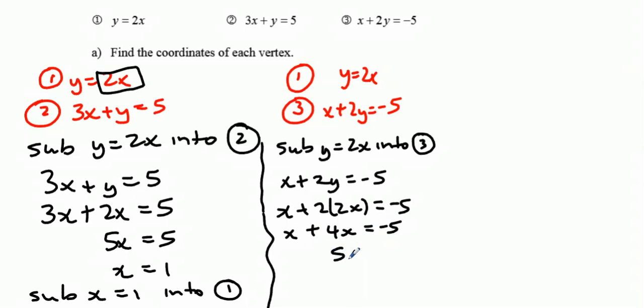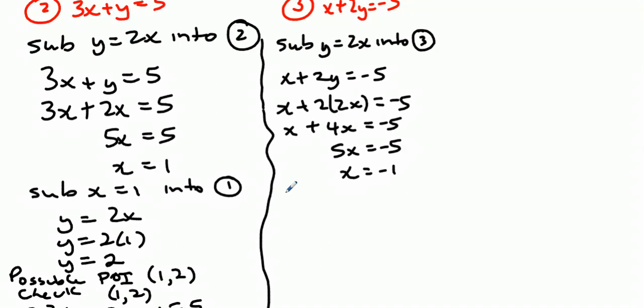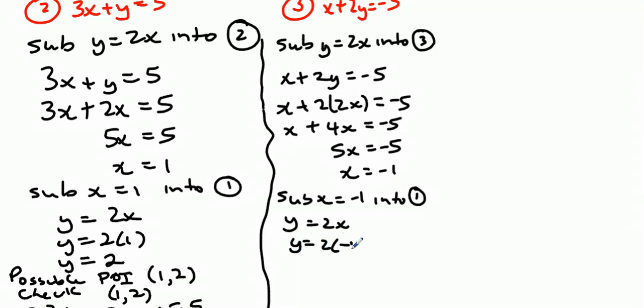So 5x equals negative 5, and when I divide through, I get x equals negative 1. And if we sub x equals negative 1 into our easy equation, into 1, we get y equals 2x, y equals 2 times negative 1, and y equals negative 2.